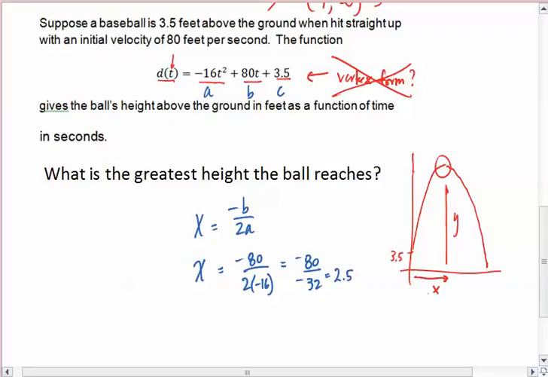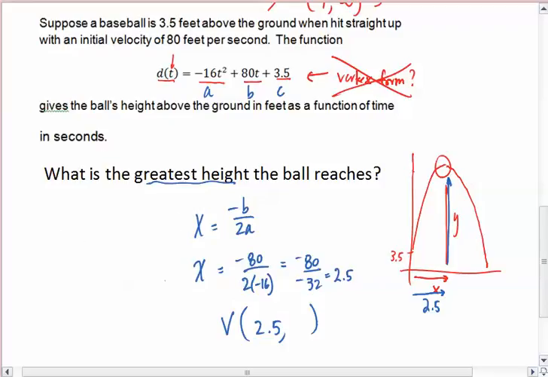That tells me that 2.5 seconds into the hit is where it's going to be at its highest point, that ball. Well, I don't know what the highest point is, and that's what the question, the greatest height that it reaches, is asking. So all I've found so far is the x-coordinate of my vertex, not the y-coordinate.